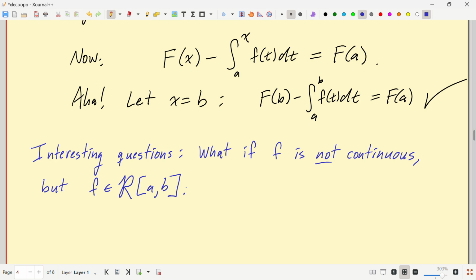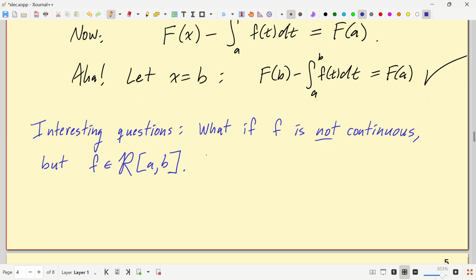Does any of this stuff work? Is there a fundamental theorem? Or does the fundamental theorem make any sense? Or something like it?